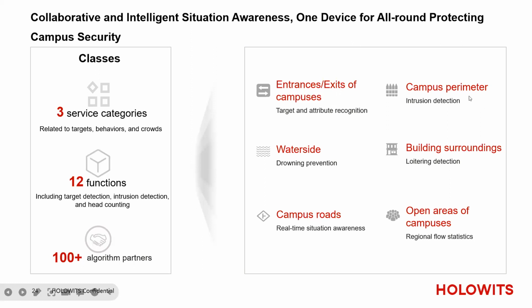At campus perimeters, you can use intrusion detection. At wet water sites, you can use drowning prevention. At the building surroundings, you can use boundary detection. And for other areas of campus, you use regional people statistics.